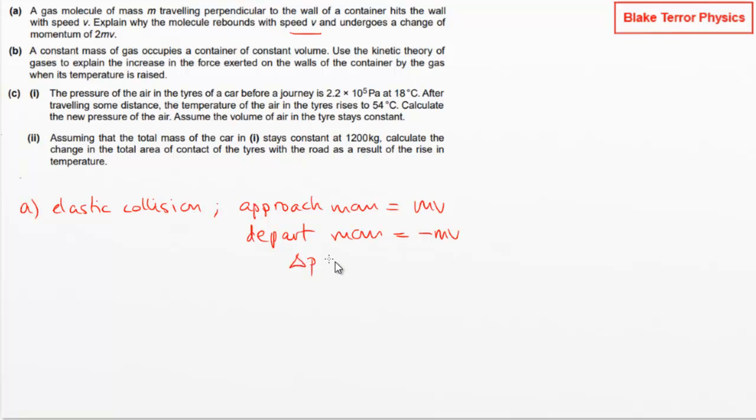So the change in the momentum is mv minus minus mv, which is 2mv. So yes, that's part A sorted.